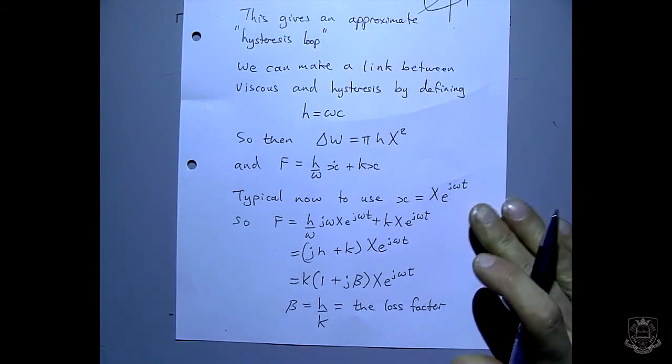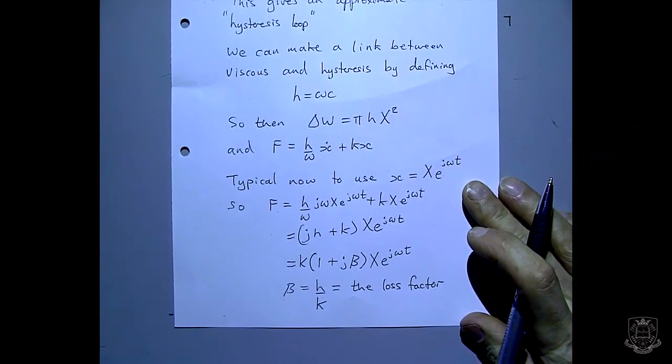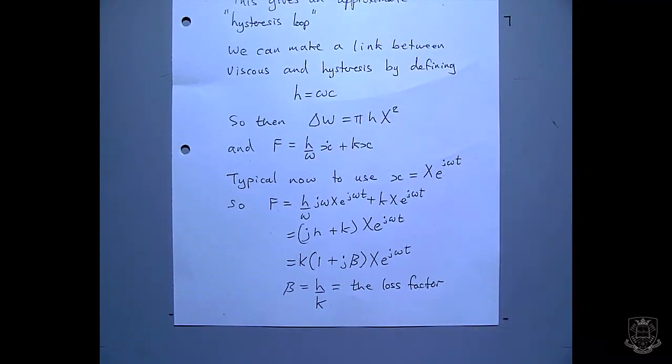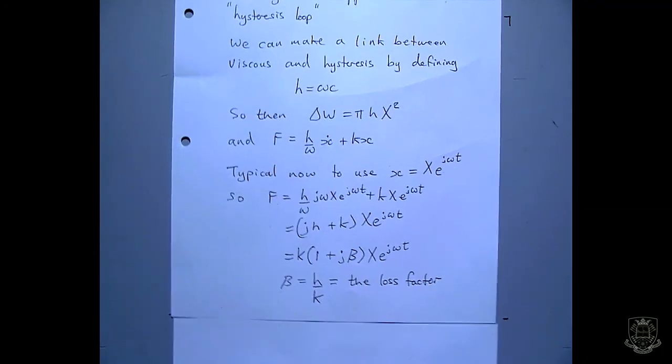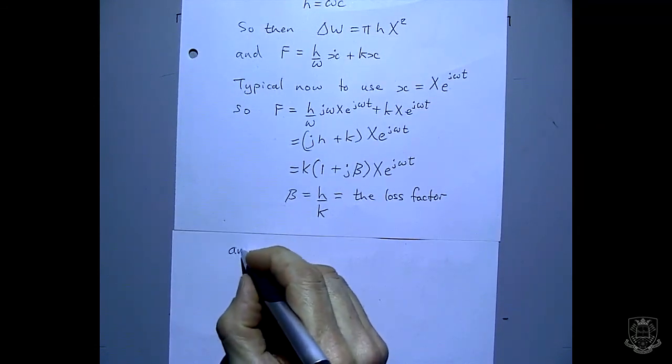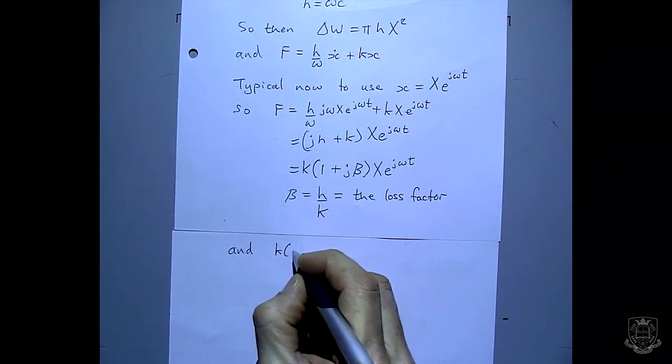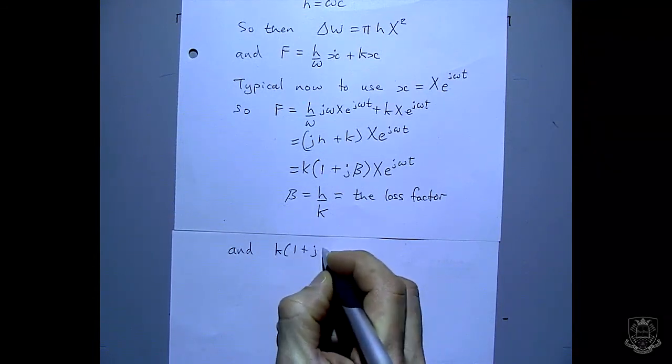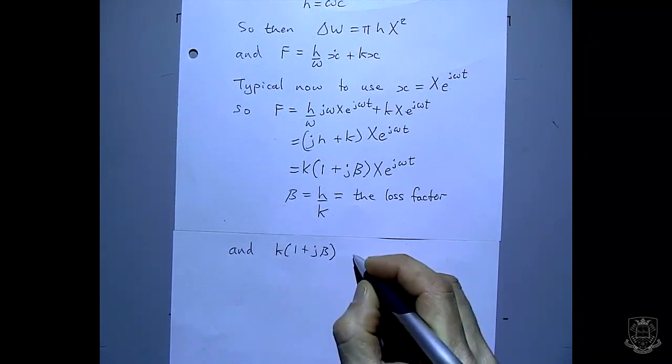So beta is a new parameter which is called the loss factor, and it's equal to h over k. And this whole term, k times the bracket 1 plus j beta, is called complex stiffness.